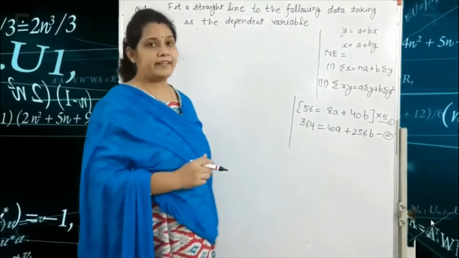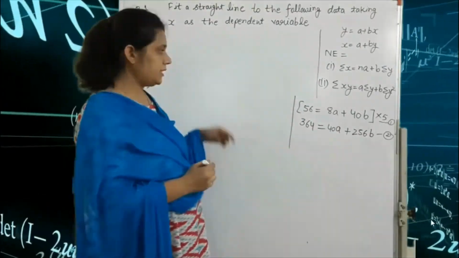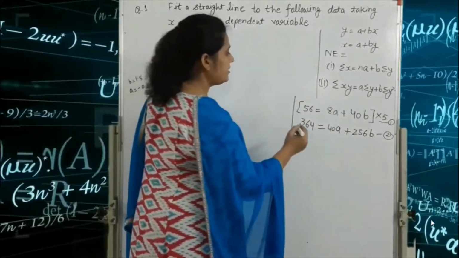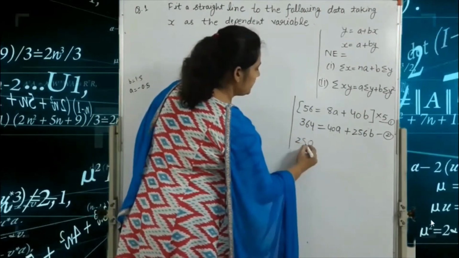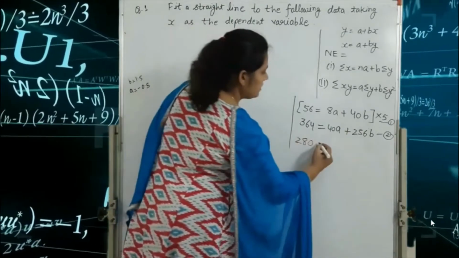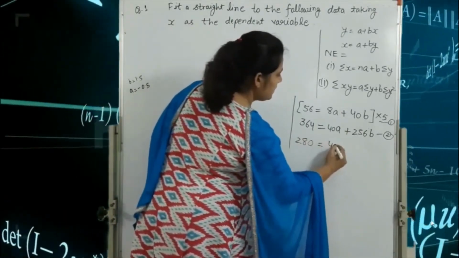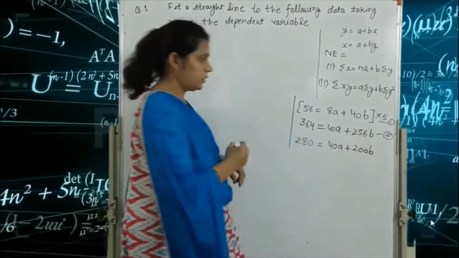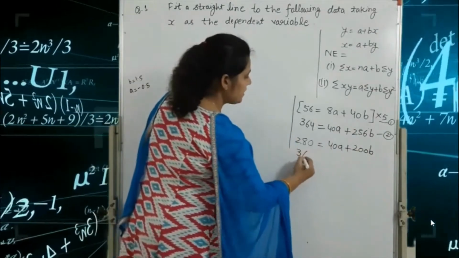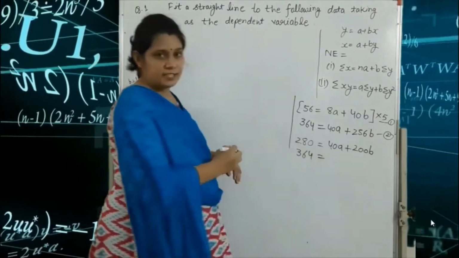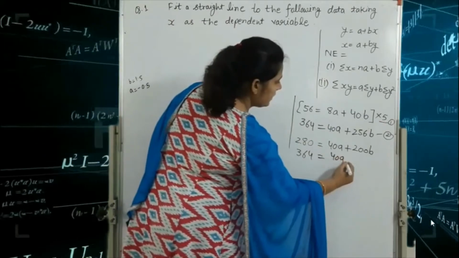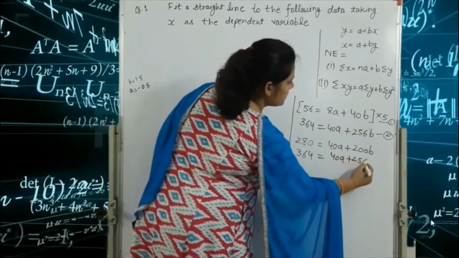For finding the value of a and b, we multiply by 5. So we write here 280 is equal to 40a plus 200b. Okay, and the next equation, we write here as it is, 364 is equal to 40a plus 256b.